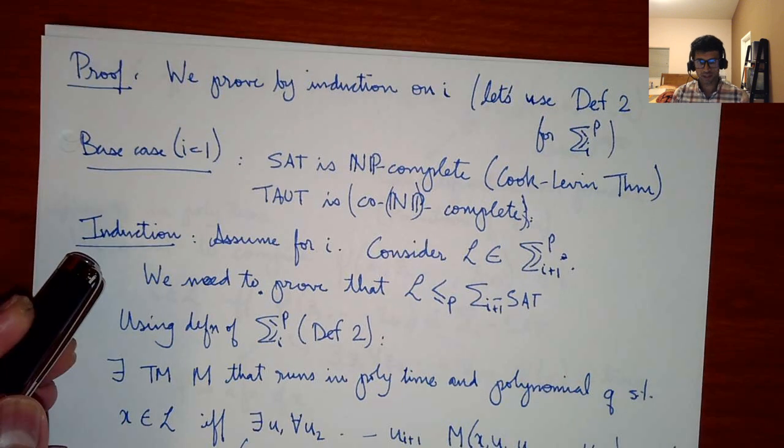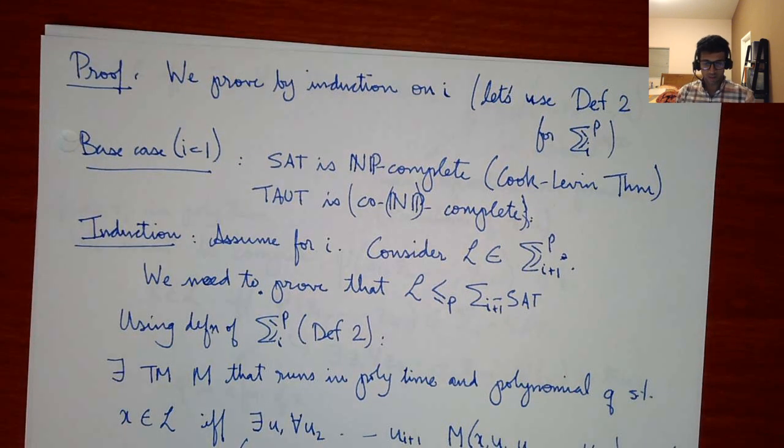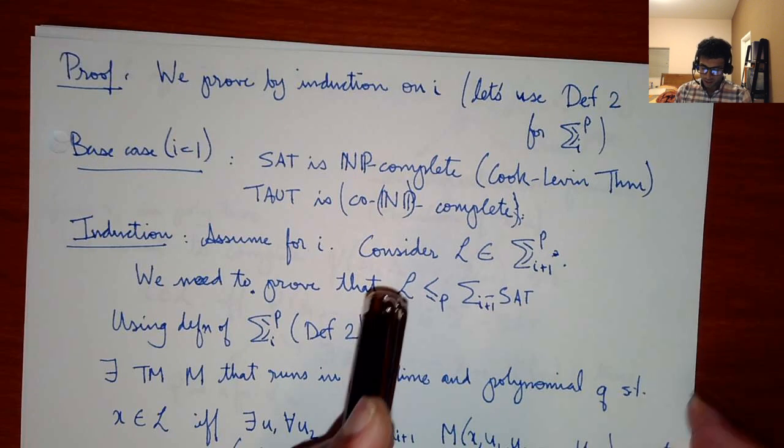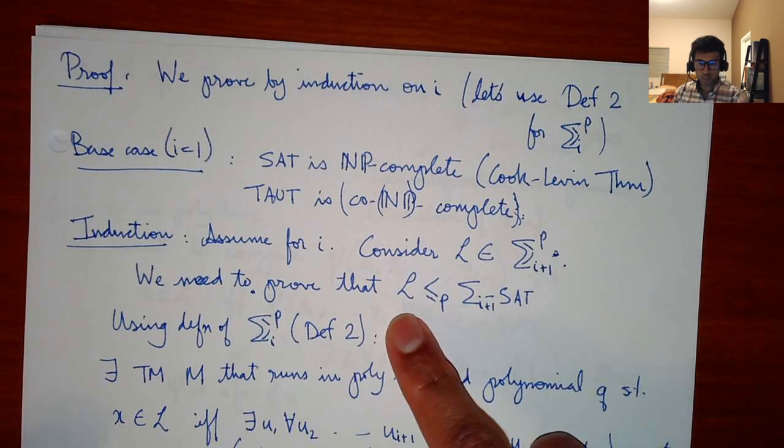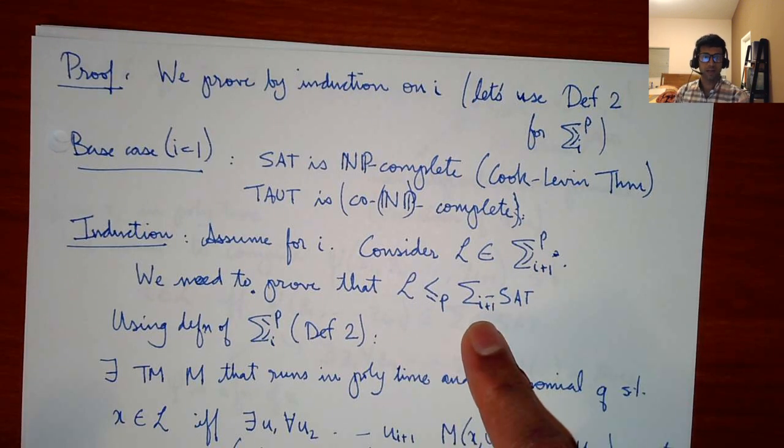Now for induction, let's assume for I. So we assume that sigma I sat and pi I sat are sigma I and pi I complete respectively. Consider a language in sigma I plus 1. We need to prove that this language can be reduced to sigma I plus 1 sat.